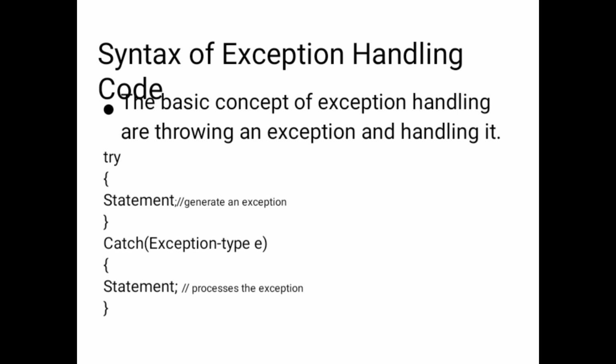And a catch block defined by the keyword catch catches the exception thrown by the try block and handles it appropriately. The catch block is added immediately after the try block. You can see in this example I have taken try which generates an exception and a catch statement which processes the exception.